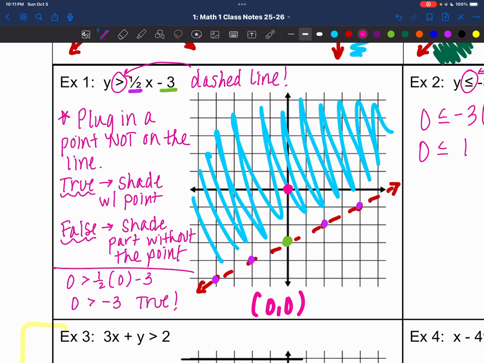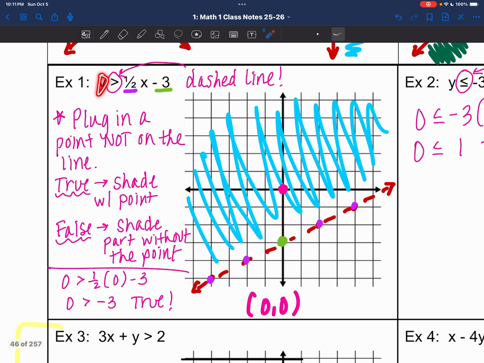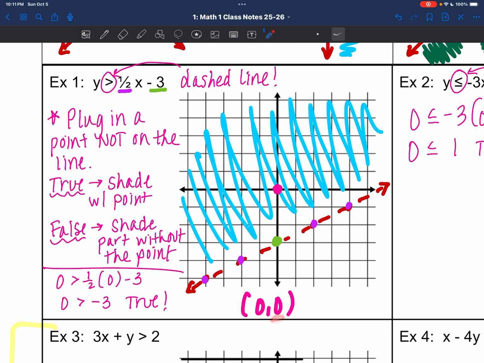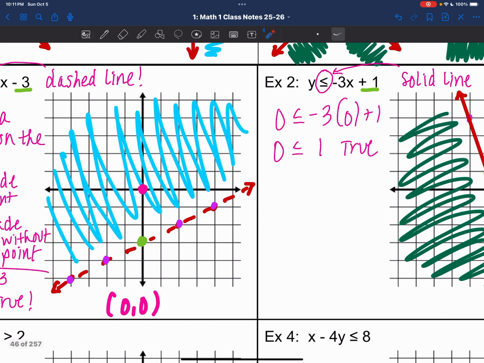If I substitute it in here, my y is 0 and my x is 0. I'm going to end up getting 0 is greater than -3. Well, is that true? Yes, it is. It's true. So we're going to shade the direction that has 0, 0 in it. So that's one way to think about it.